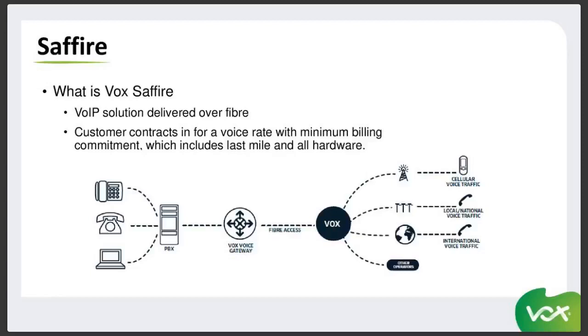So that was the thinking behind the product. As you can see there, the customer contracts in for a rate plan with a minimum billing commitment. As Vox, we're picking up a lot of the risk in terms of the last mile access, the router that's installed, and all of the gateways that may be required.